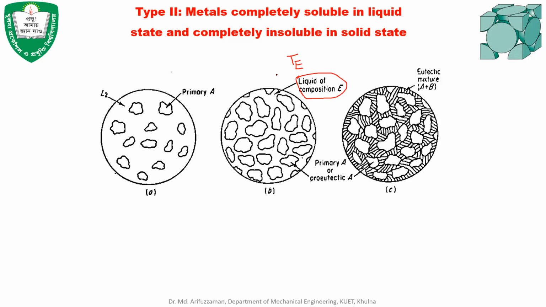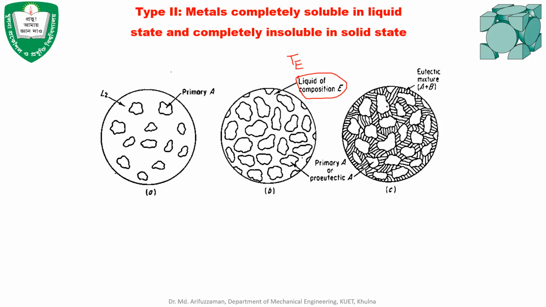The eutectic reaction says the liquid when cooled, solid A and solid B will solidify separately. Okay, and the microstructure will look like this. That means after solidification, the rest of the liquid solidifies as solid A and solid B separately.